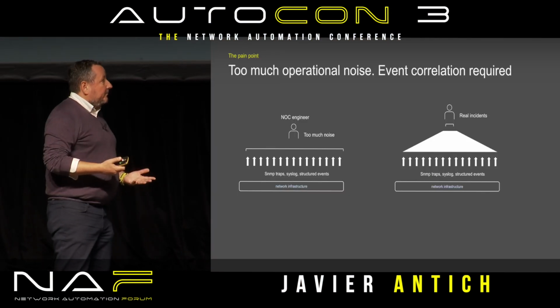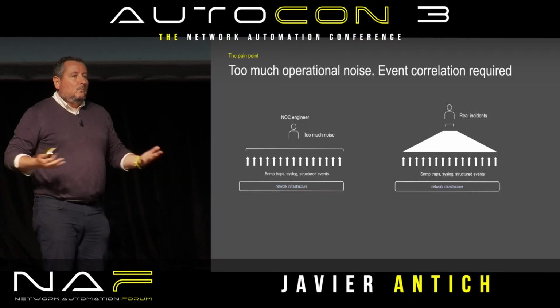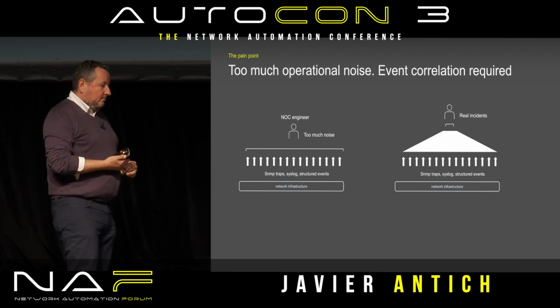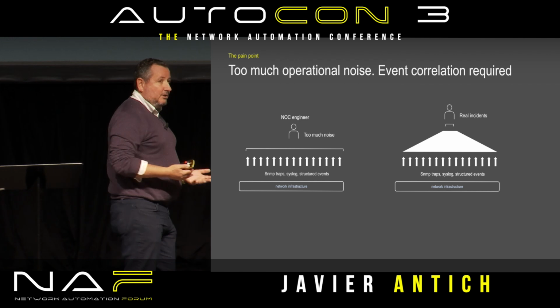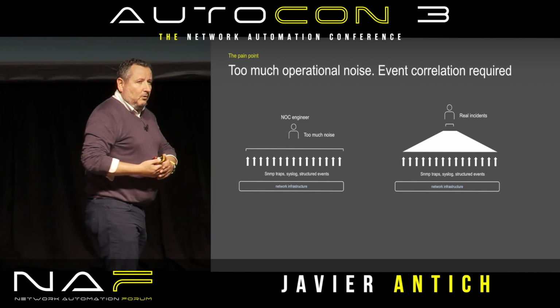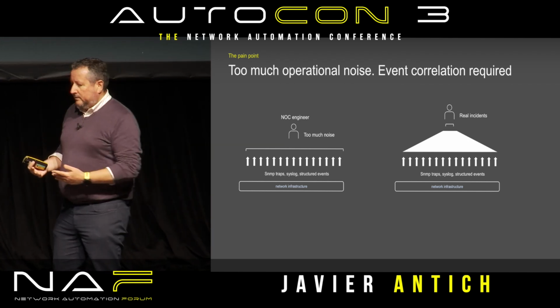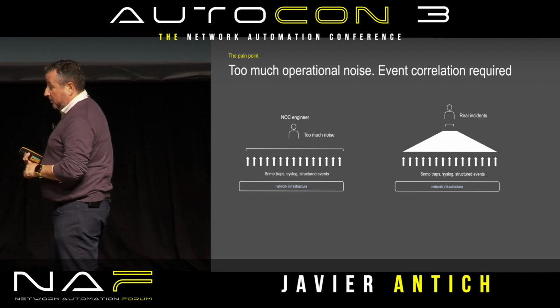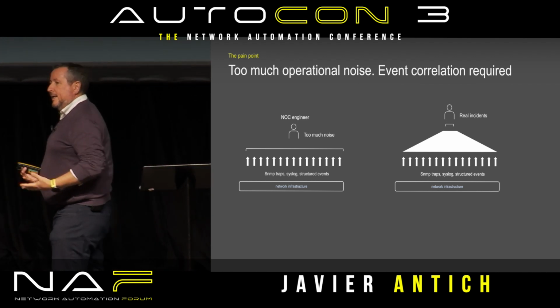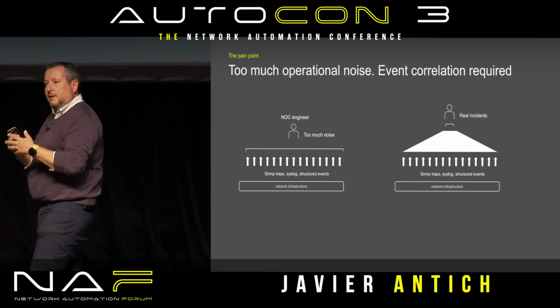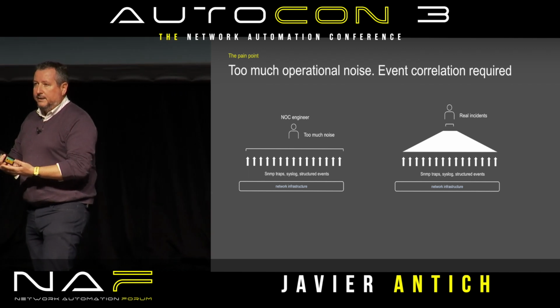So ultimately, the reason why we want event correlation is because we have this big pain point about operational noise, right? You have all these many alerts and events coming from the network that the network engineers or NOC engineers have to deal with, and what we need is some mechanism to bring that down into more relevant signals, right?